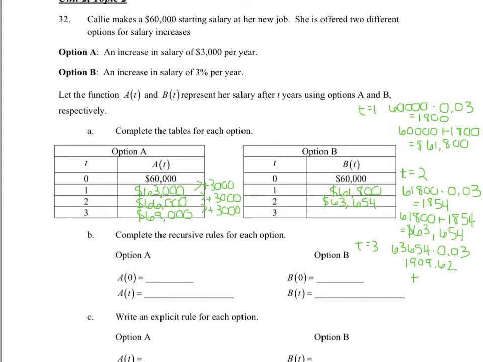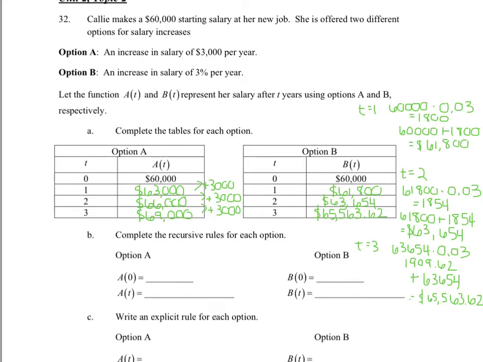So we're going to add that to $63,654 to get a total of $65,563.62. So we'll fill that in, $65,563.62.